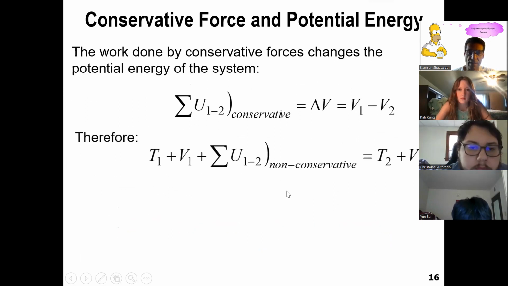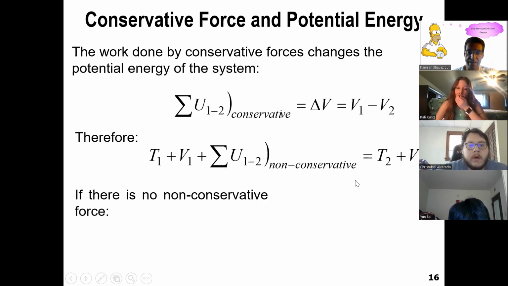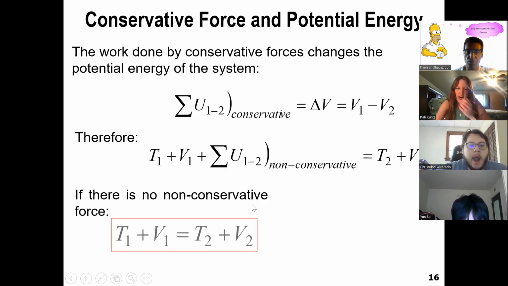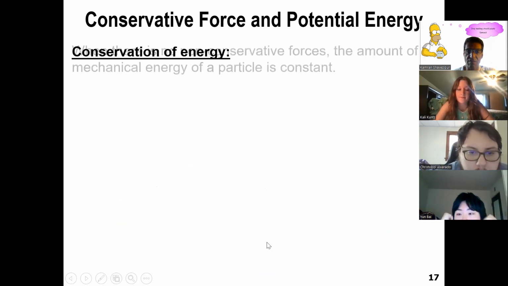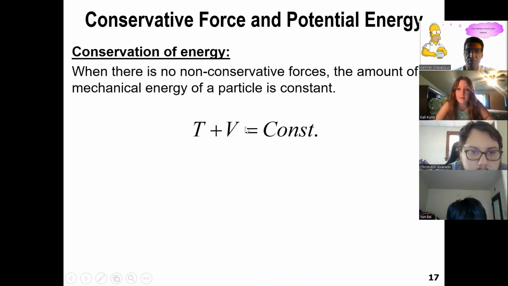And if you do that, you can rewrite the work energy relation as: the initial mechanical energy of the system and the final mechanical energy of the system are affected by the work of non-conservative forces. If there's no non-conservative force, the initial and final energy are the same, which means the mechanical energy of the particle will be constant.